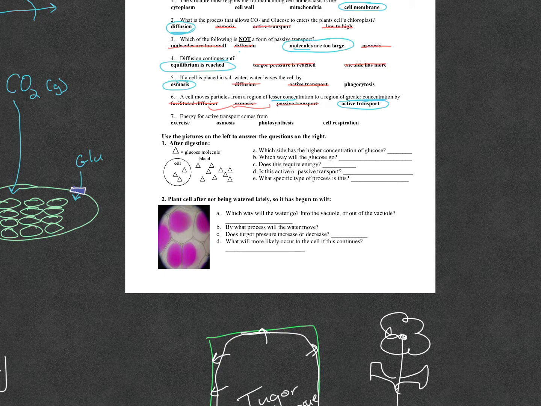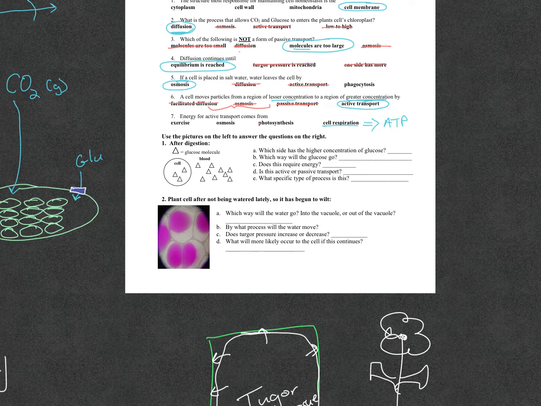The energy for active transport comes from cellular respiration. Cellular respiration makes ATP. Now, this was not something I would have expected you to know. If you didn't know it, I'd understand.